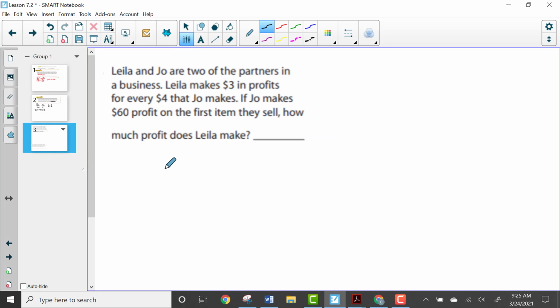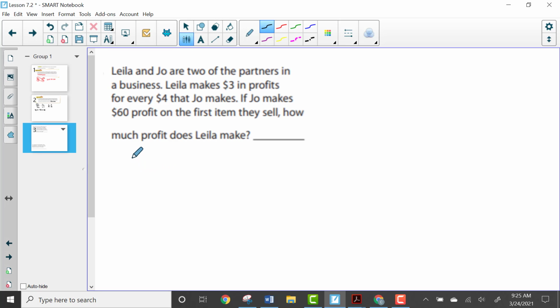Let's look at some other problems here. And this is on page 182. Question 3. So it says, Layla and Joe are two of the partners in a business. Layla makes $3 in profits for every $4 that Joe makes. If Joe makes $60 profit on the first item they sell, how much profit does Layla make?